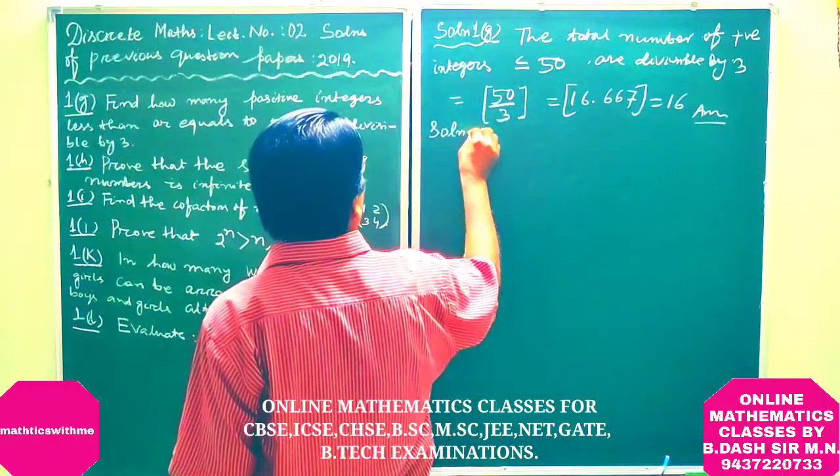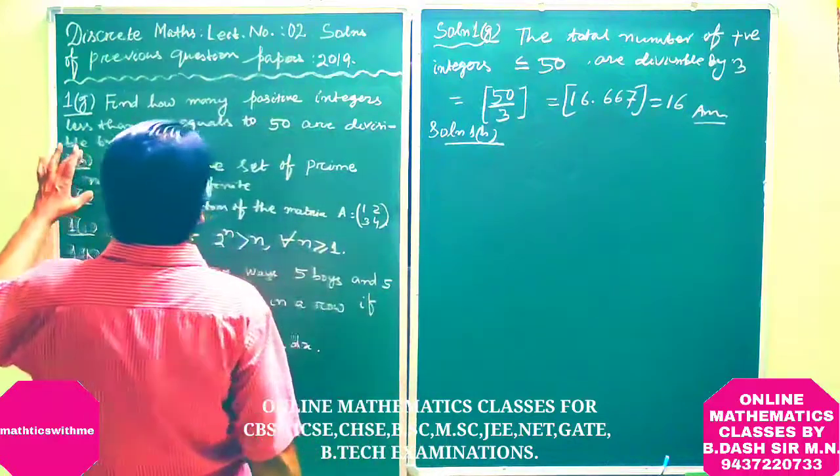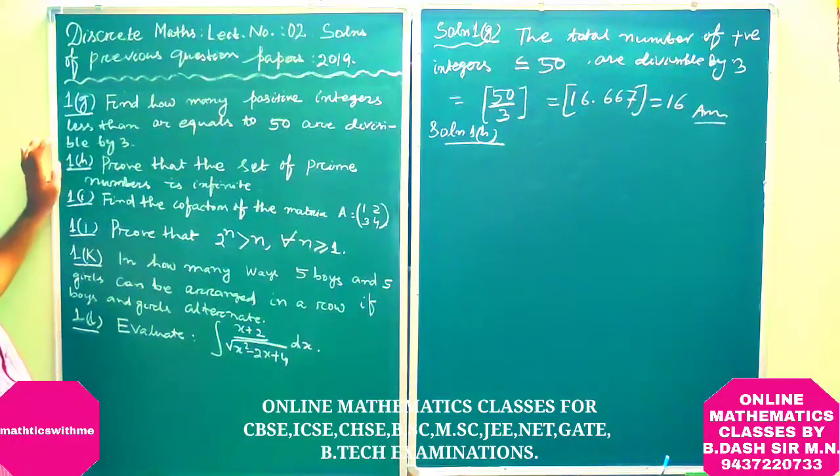Now solution for 1H. Here the question is: prove that the set of prime numbers is infinite.